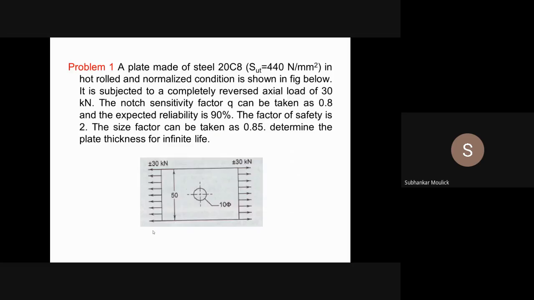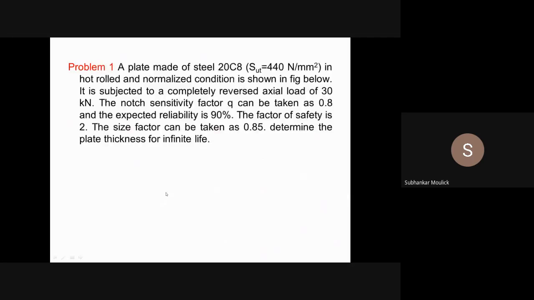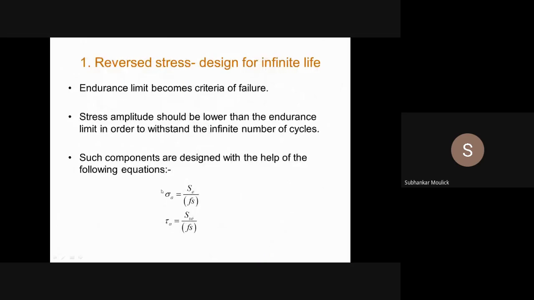Any doubt? No, sir. Okay, so we have calculated the value of SE axial. Now I know how I will design. Lastly, you have to find out the amplitude stress. So for the problem, amplitude stress will be: sigma A equal to SE axial by factor of safety.